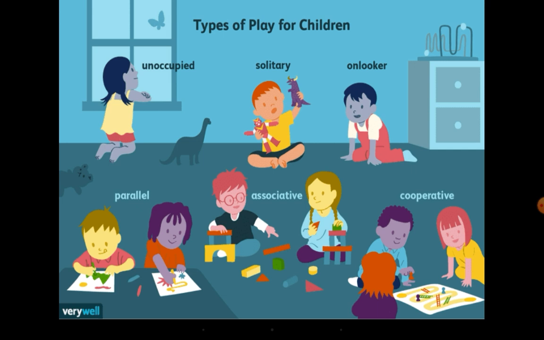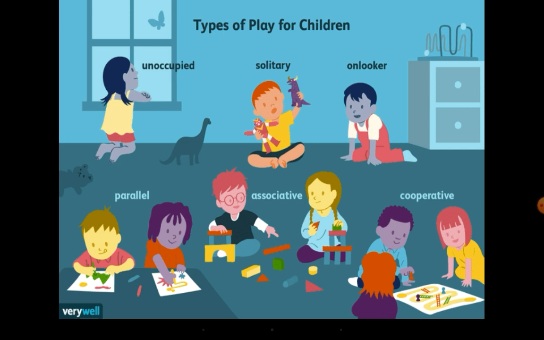The next type of play is associative play. In associative play, two or three children will join together and play. Maybe they will be working on different themes, but they will share the materials which they have and try to form different objects.